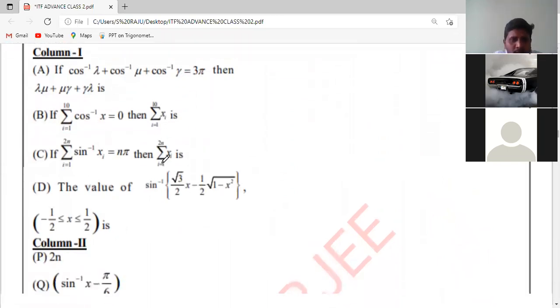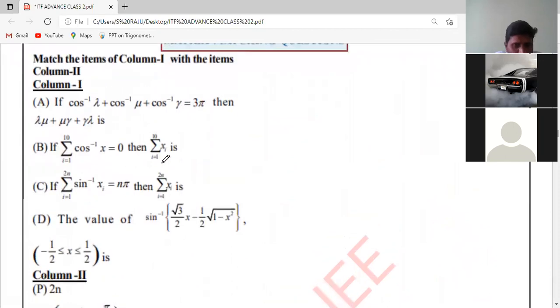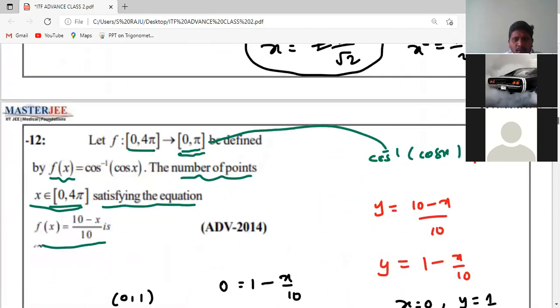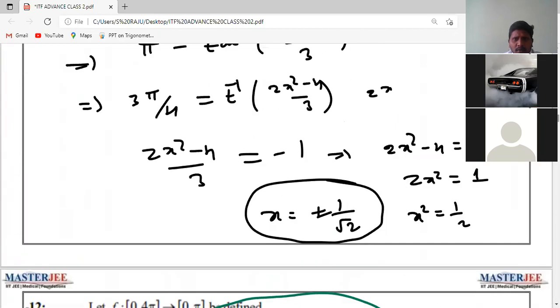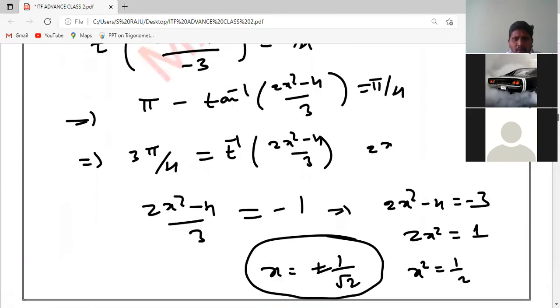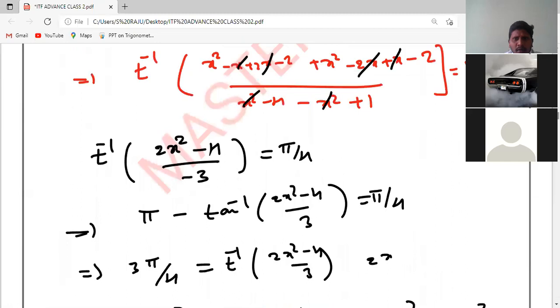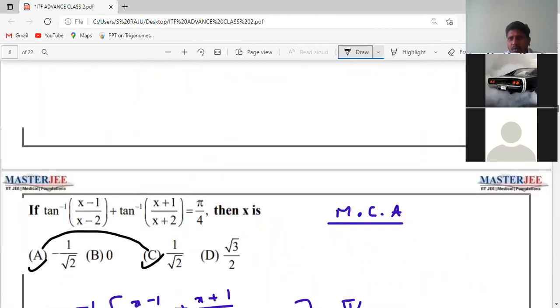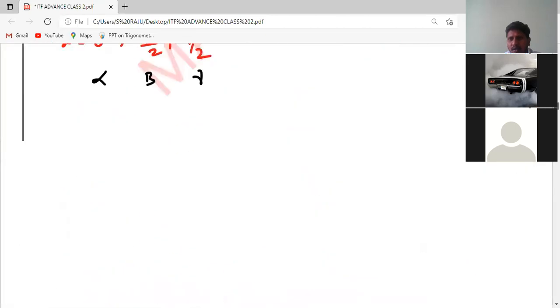Sir, in the previous question, even if we take tan inverse to the other side, we'll get the same answer, no, sir? Tan inverse of minus is minus tan inverse, sir. You wrote pi minus tan inverse, sir. That is under 2 cases, like in the above cases we have written.